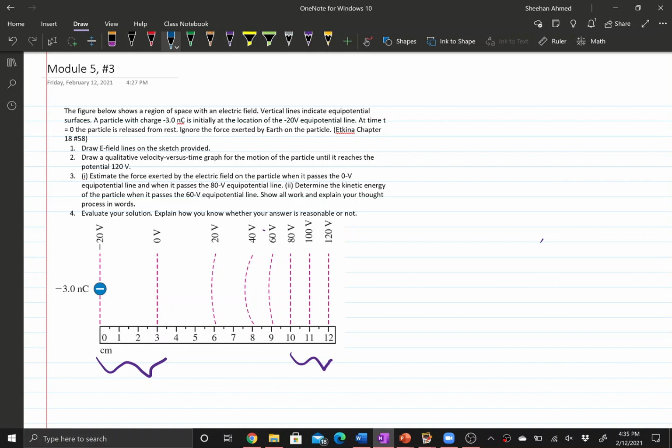Well, first things first, which direction does the E field point? Well, the V field values are going down in the left direction. So as you go to the left, as you go in the negative direction, see our scale is already set for us.